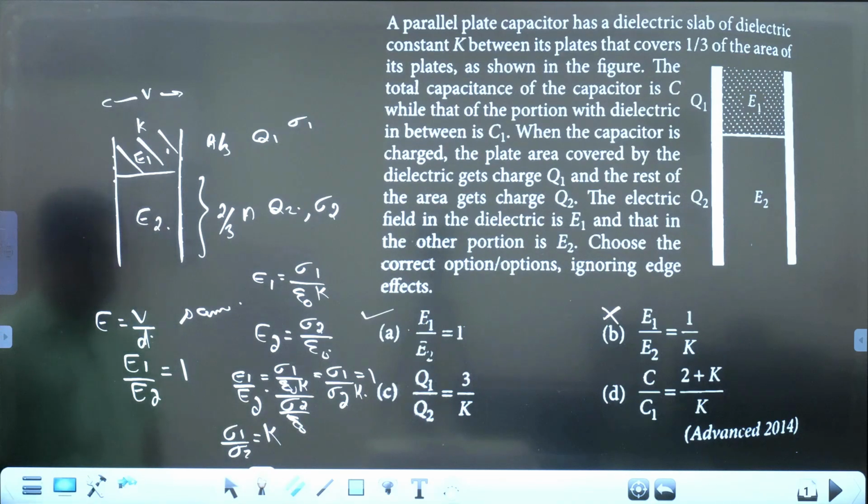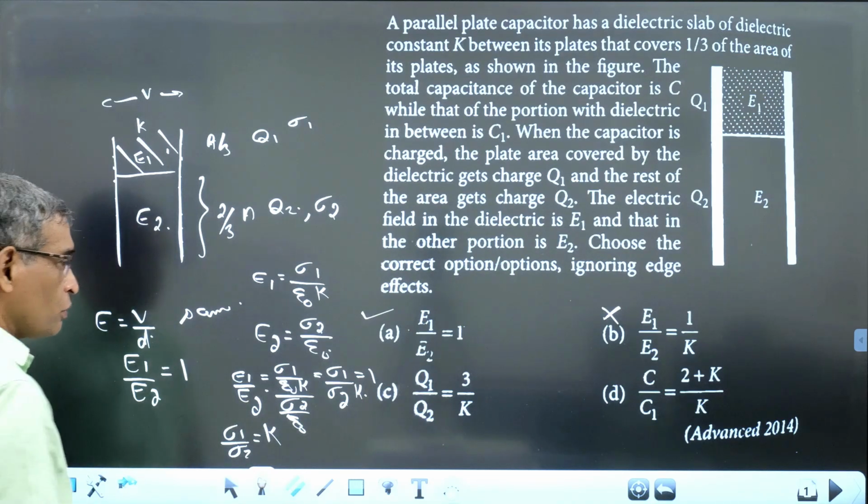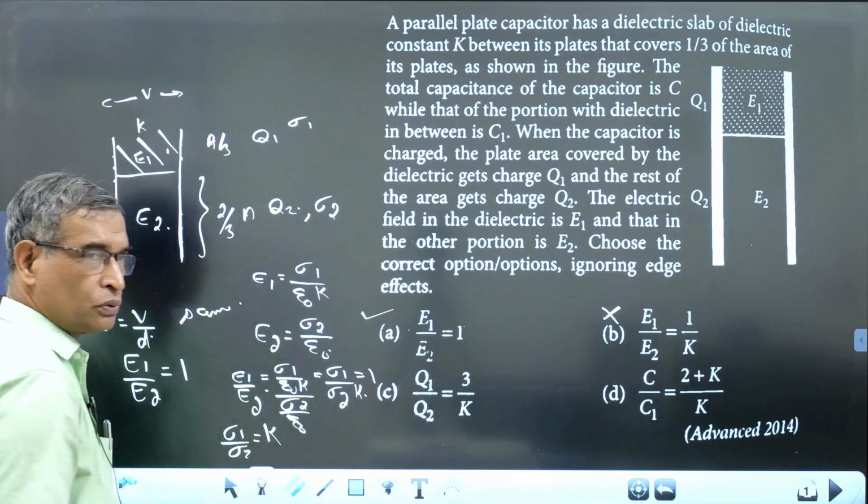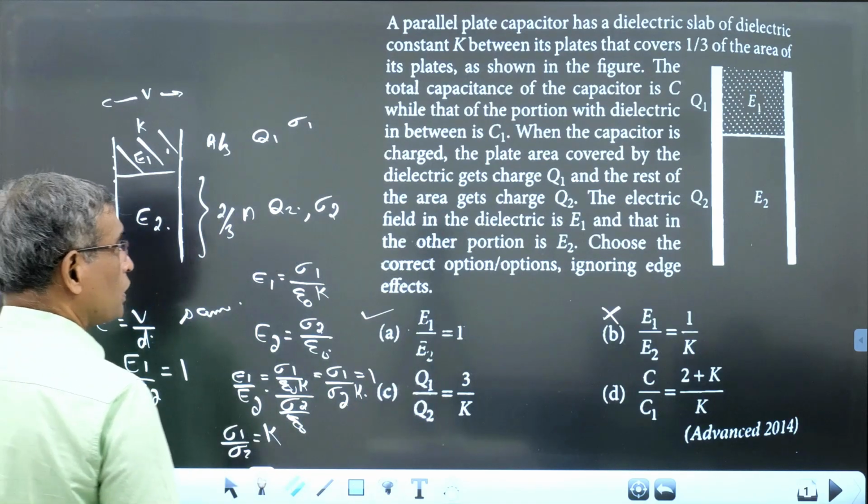Next, once you obtain sigma 1 and sigma 2, we can calculate Q1 and Q2.